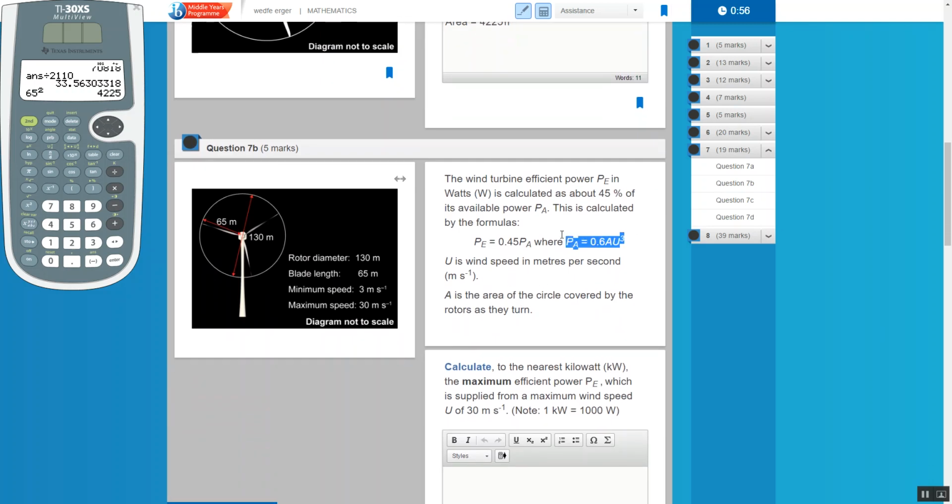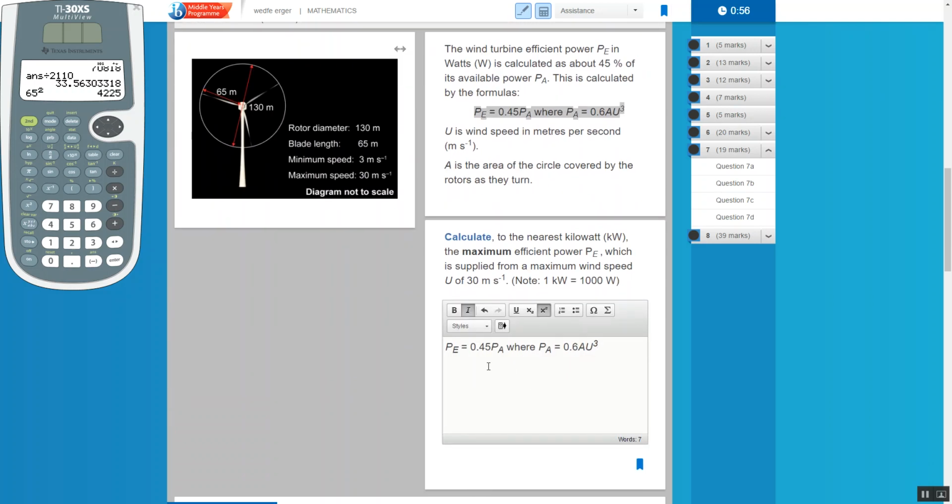The next part looks not very nice, but we're given all the information. We've got the power, efficient power, and PA, which is this thing. A is the area, U is the wind speed of 30, and we're dealing in watts, but it has to be kilowatts.